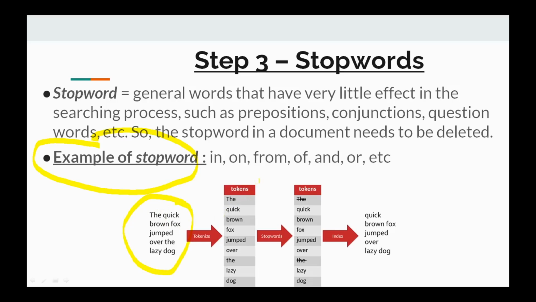After we tokenize our sentence, we remove the stop words, for example "the", and then the last sentence becomes: quick brown fox jump over lazy dog.